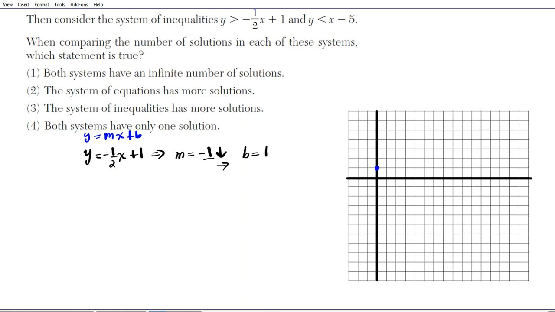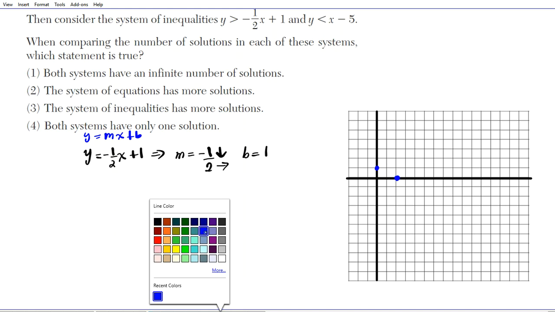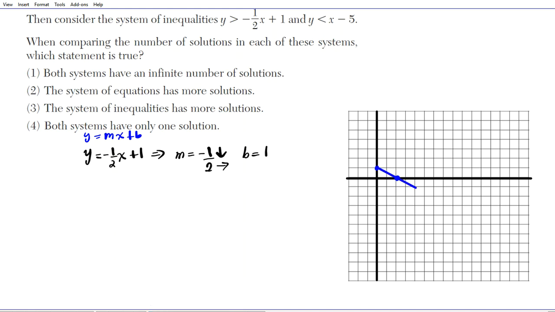You run 2 because it's negative 1 half, that's your m. So we're going to rise negative 1 and run 2. 1, 2, bam. Alright, so let's draw the first line, okay? So this is the first line right here.